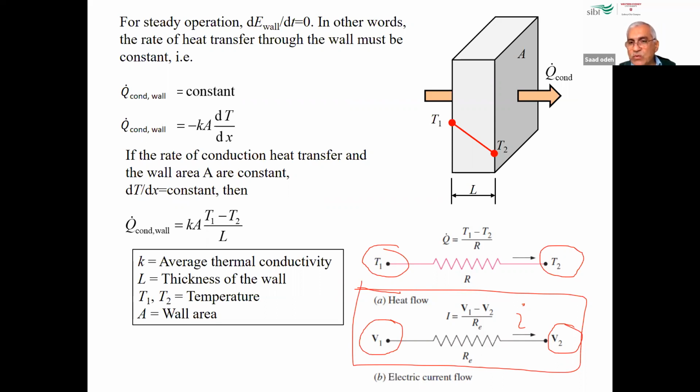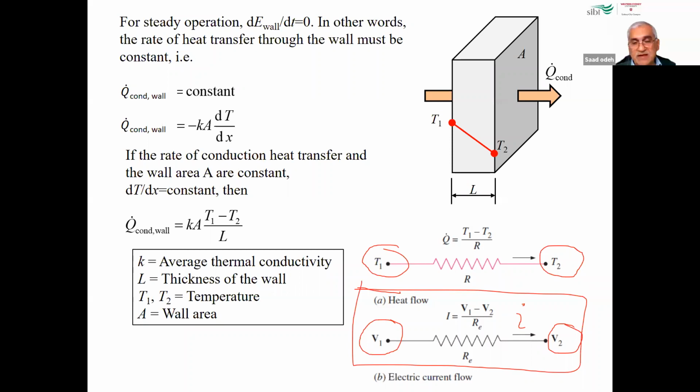Okay, and what's the term equivalent to the current? Do you know what is flowing through the wall? Can someone tell me what's the thing flowing through the wall, which is similar to the current in the circuit? Yes, Faisal?